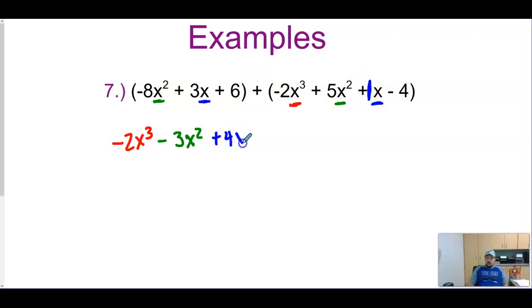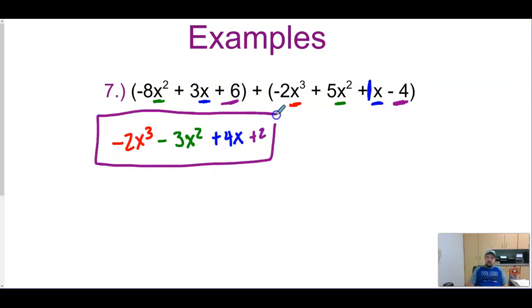So plus 4x. And then we have a positive 6 and a minus 4, so 6 plus negative 4. And remember, I can just use minus and negative. I kind of use those interchangeably, because they're doing the same thing. So 6 and negative 4 is positive 2. And there is my final answer.